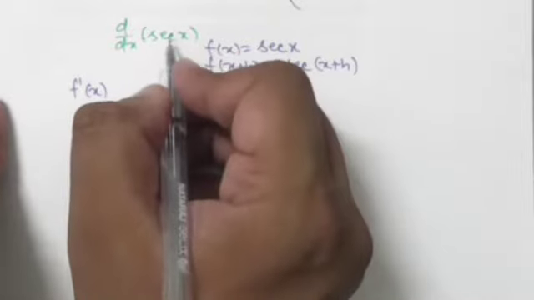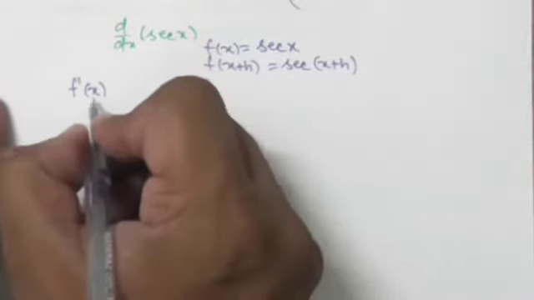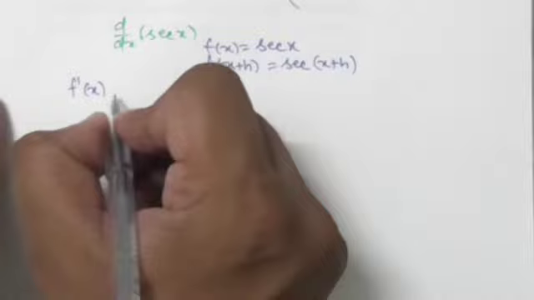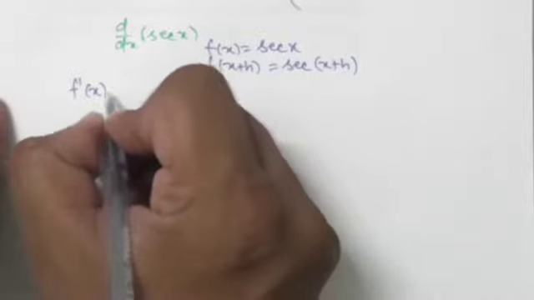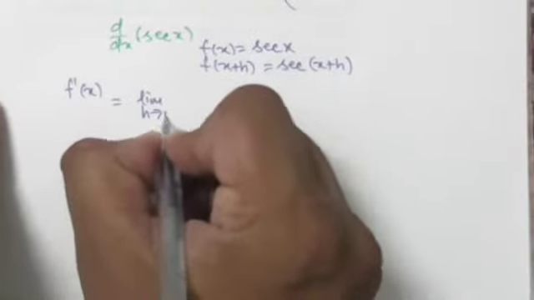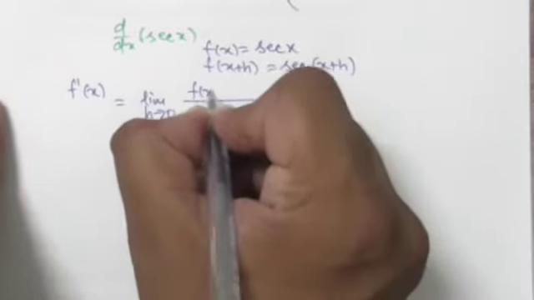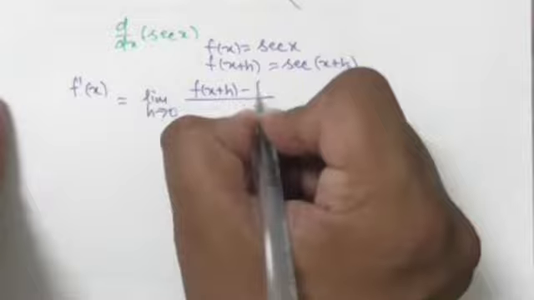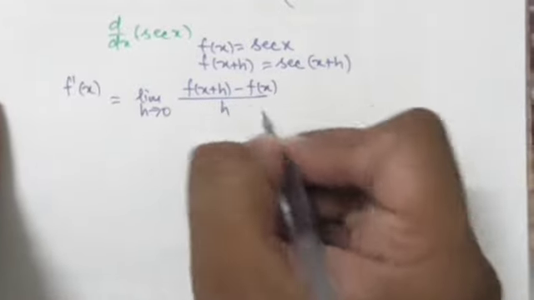the differentiation of f(x) with respect to x, it means the derivative of f(x) with respect to x, will be equal to limit h tends to 0 [f(x + h) - f(x)]/h.